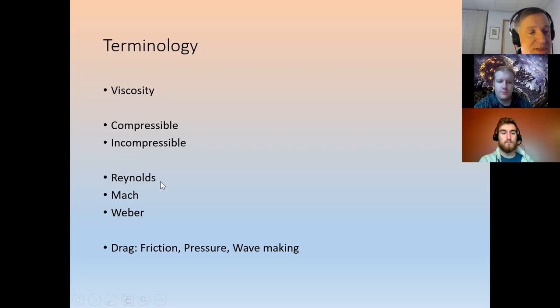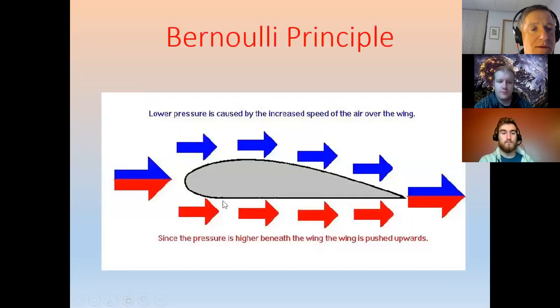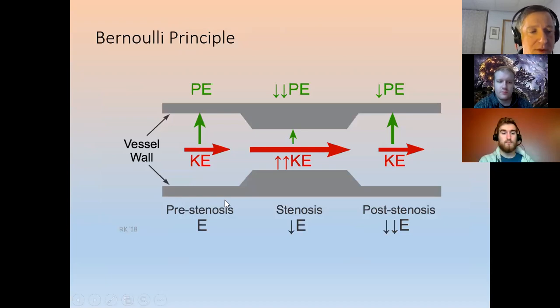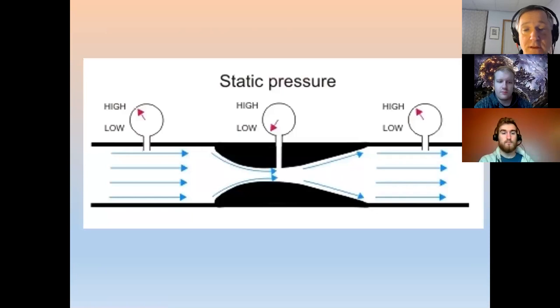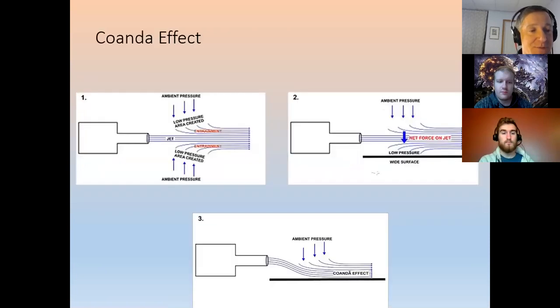Okay, Reynolds, I've got some slides on these, so we'll look at those later. And then drag, we talked about Bernoulli, so I won't talk about this again. You can use that simulator to put an airfoil in and look at temperatures, densities and velocities around the airfoil or whatever other shape you draw. Practically, I can make a vacuum cleaner with a shape, I can make a wing with a shape, and you're experts on shape.